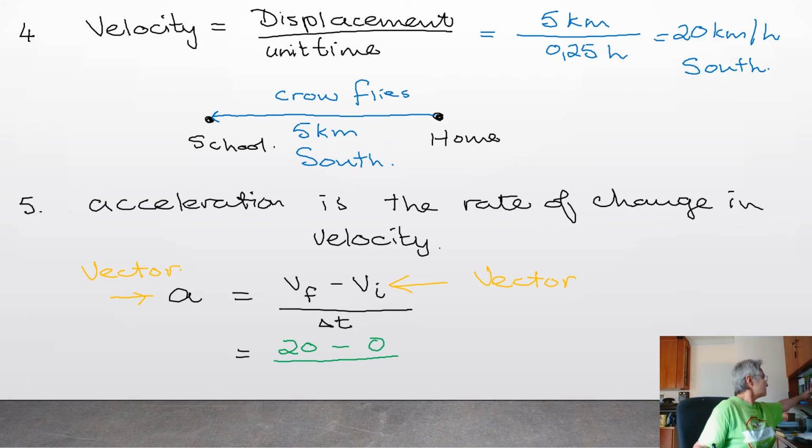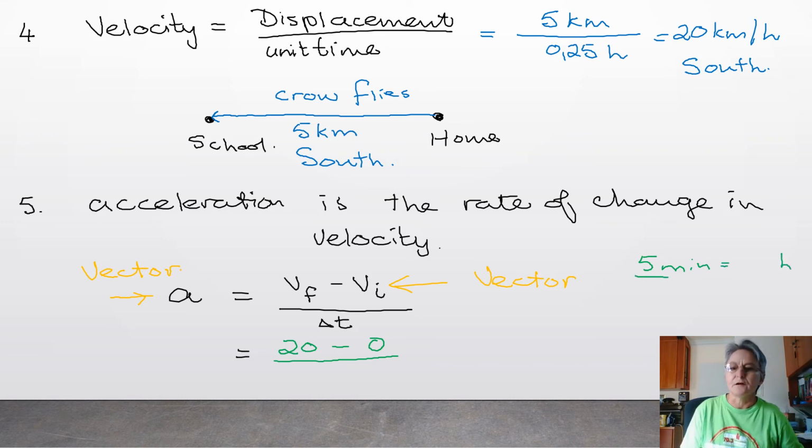Now to change 5 minutes into hours, I've got to divide the 5 minutes by 60.